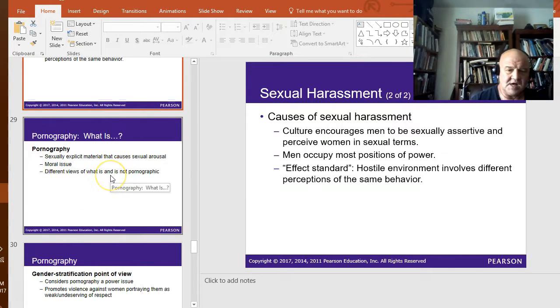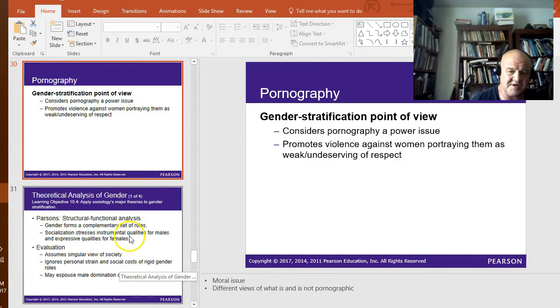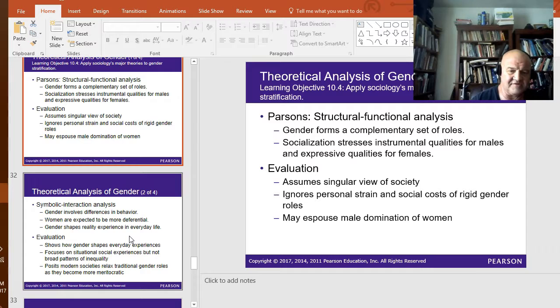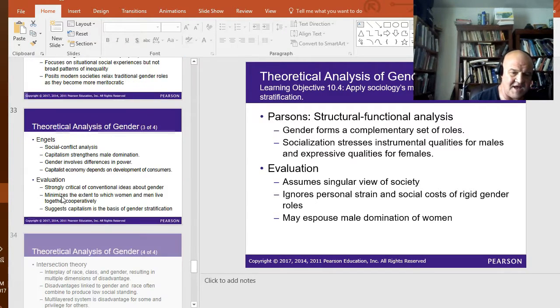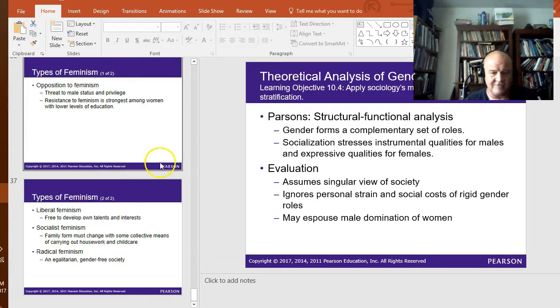Okay, and some of the issues surrounding pornography. And then prostitution. Please also, from 31 to the end here, we do a theoretical analysis of gender. So that's going to give you an overview for chapter 10.